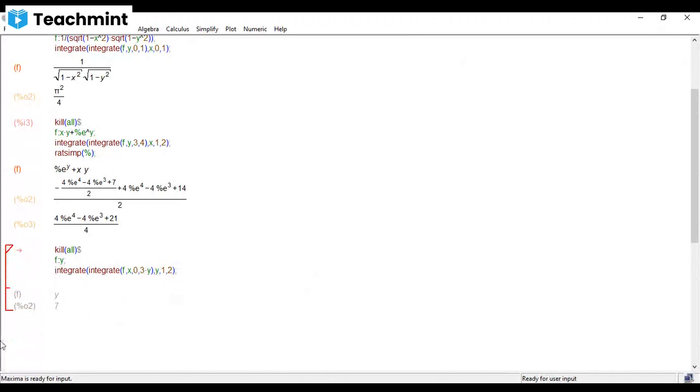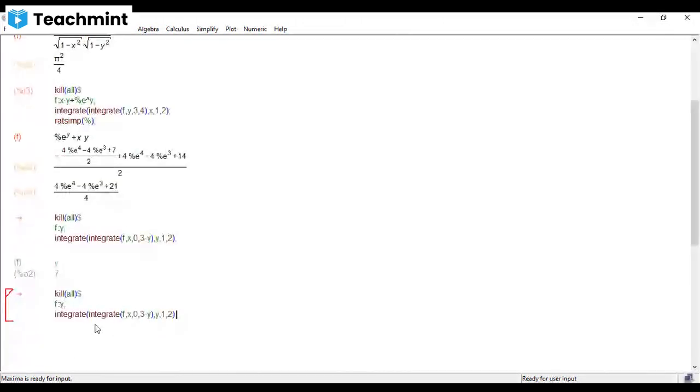Next, let us see one more example. Let me copy down this itself. The next one is your function x into y. Integrate of this function. First, you have to integrate with respect to y, and the limit is from 0 to 1 minus x.